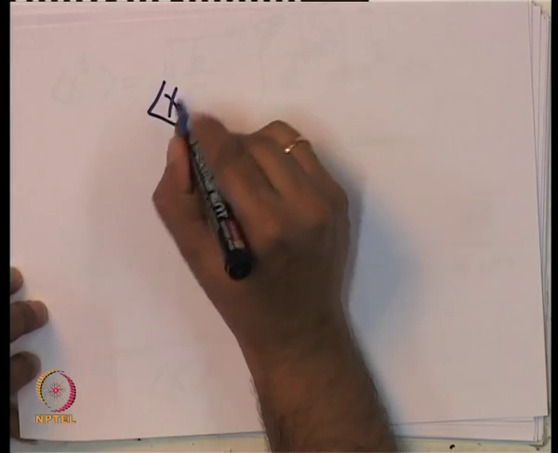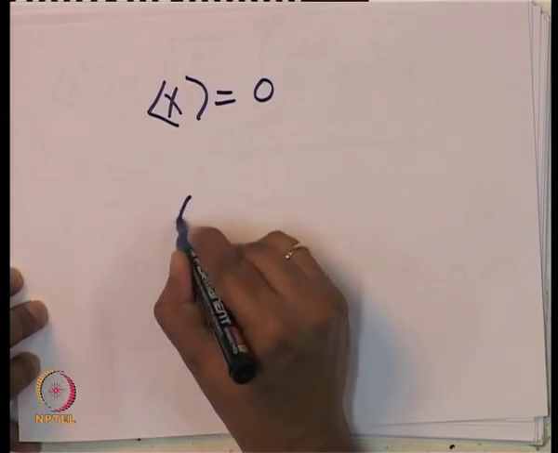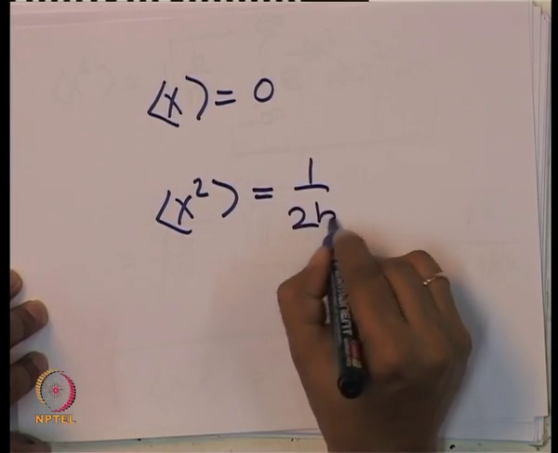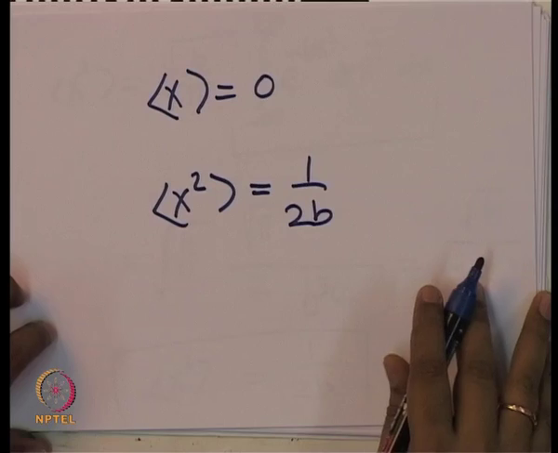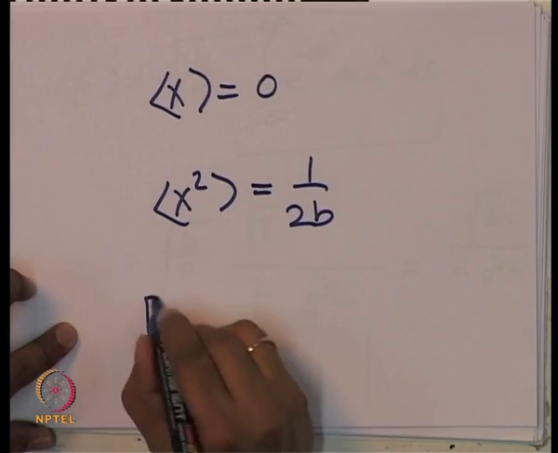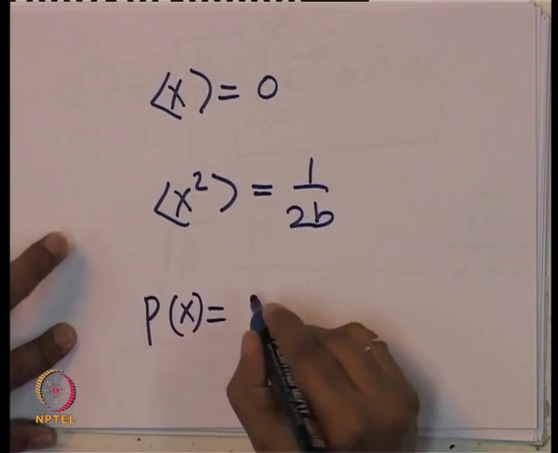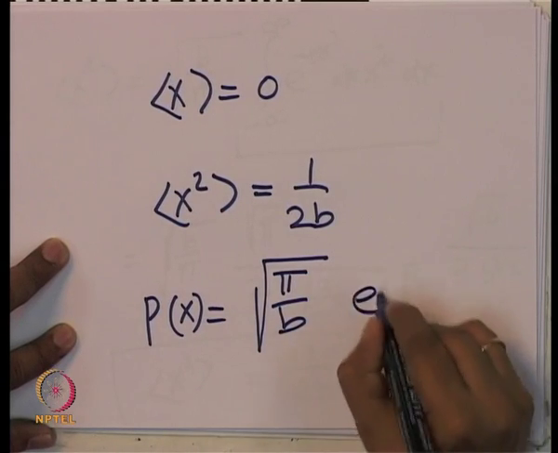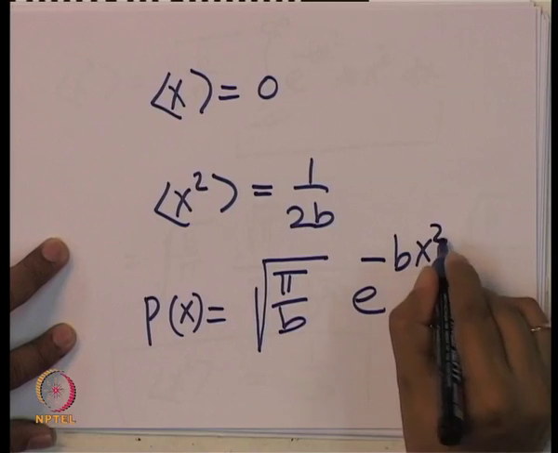We have p of x is root of pi by b e power minus b x square.